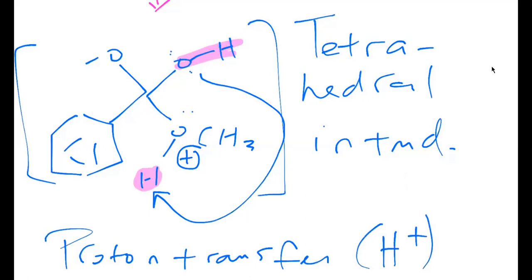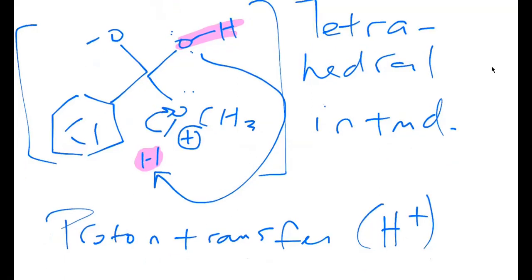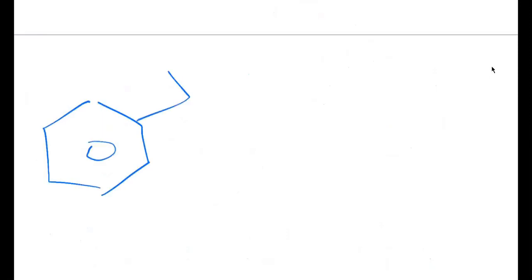So we can do that by this oxygen pulling off that proton and then giving that pair of electrons to this oxygen. So that will result in another intermediate, which is going to look like this. That's O minus, that's O. And then this is OCH3.